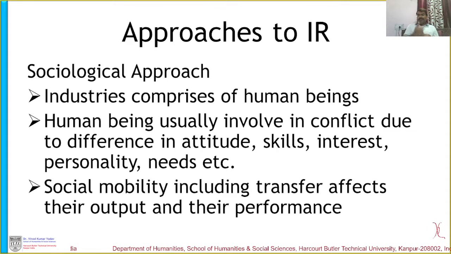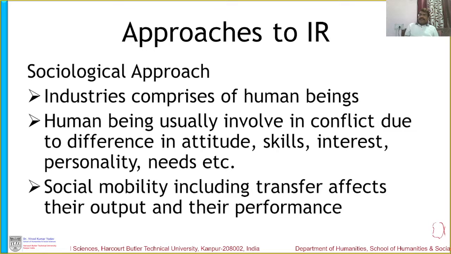Say, for example, how many times does it happen that students' overall performance is affected as soon as the head of department is changed and some new head is given charge? Then this social mobility affects the output and performance, maybe in terms of the class performance, maybe in terms of the approach to solve the students' issues.